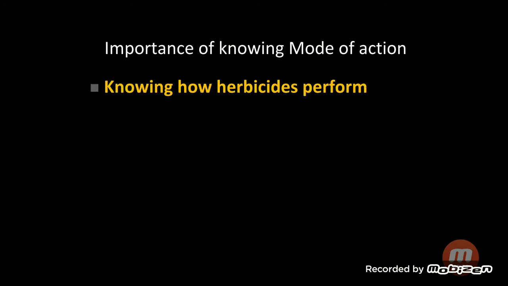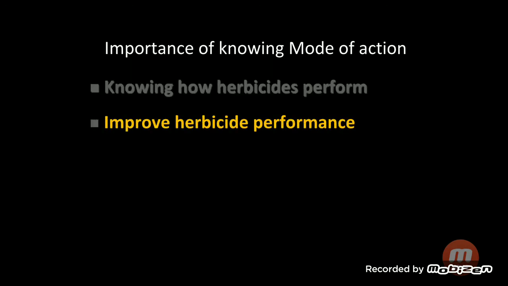Why is it important to know the mode of action? If you know the mode of action, you know how the herbicide performs. All herbicides should not be sprayed by a single method. You should know how the herbicide actually performs, what it does, so then you can use that herbicide more efficiently. So it improves the herbicide performance.